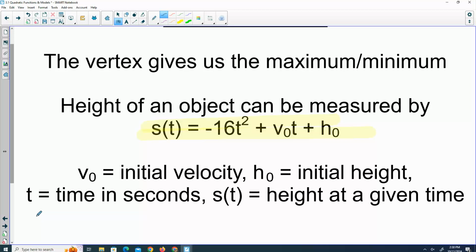The -16 is actually due to gravity, so that's always a constant. t is representing time. v sub 0 is your beginning velocity or initial velocity. How much speed did you start with? h sub 0 is your beginning height. What height did you begin at? And the entire thing is giving us our height at a given point in time.